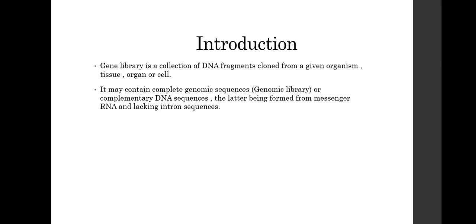Here the gene library is a large collection of DNA fragments cloned from a given organism, tissue, organ, or a cell type. It may contain complete genome sequences. If the gene library contains the complete genomic sequences or total genome of one organ, tissue, or cell, that is called a genomic library.